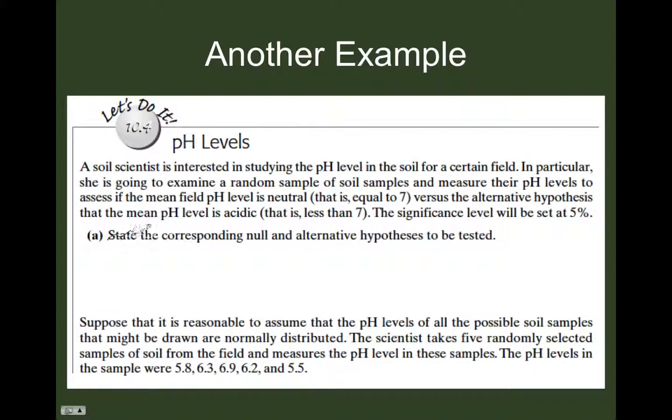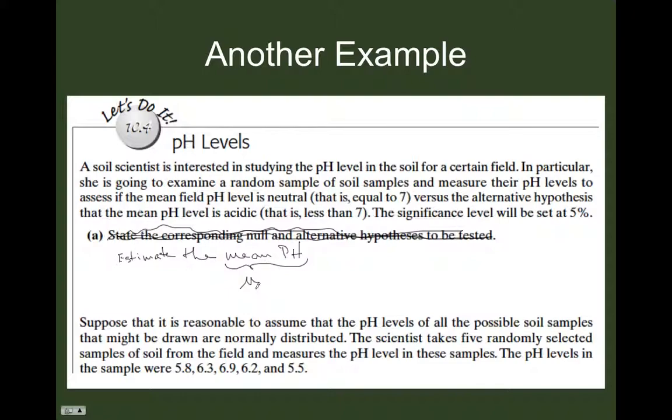Instead of figuring out whether the field is neutral or acidic, the other thing we can do is estimate the mean pH. Okay, so a little bit of a different thing. And when we're talking about mean pH here, we're talking about estimating mu.